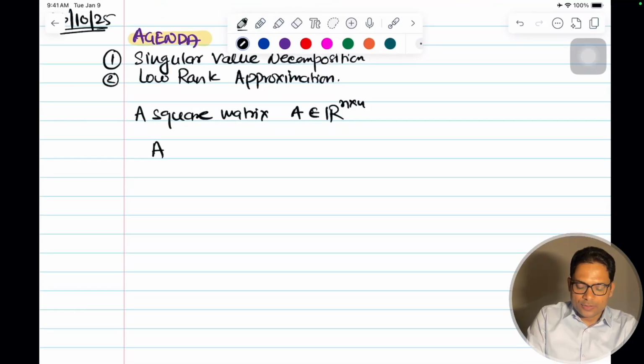So this can be written as Q lambda Q transpose.